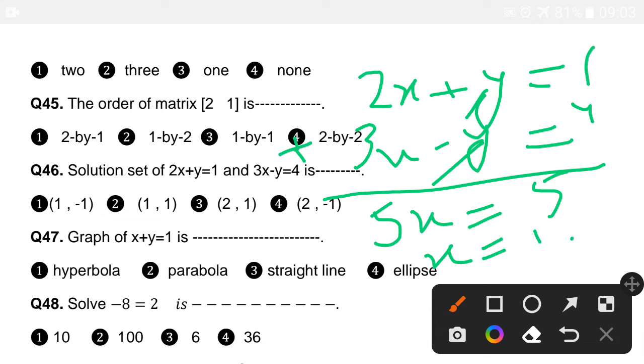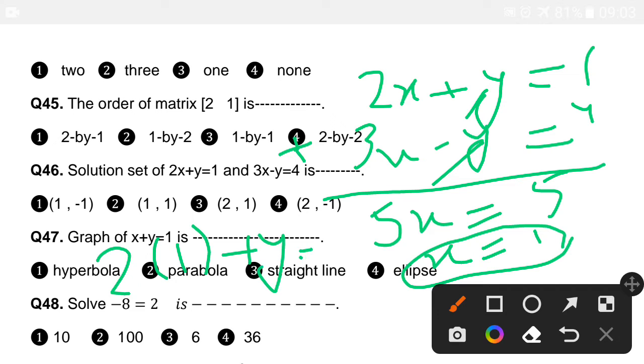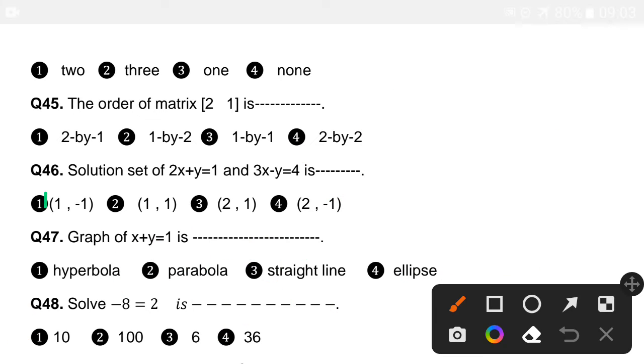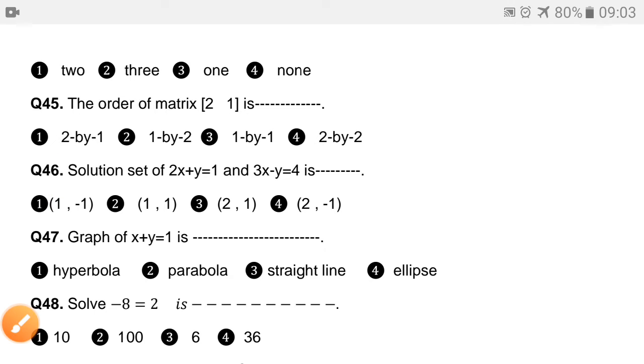So x is equal to 1 after dividing both sides by 5. Now we substitute x equals 1 in any of the given equations. So we get 2 times 1 plus y equals 1. That is, y is equal to 1 minus 2, which equals minus 1. So the value of x is 1 and the value of y is minus 1. So the first option, that is (1, -1), is the right option.